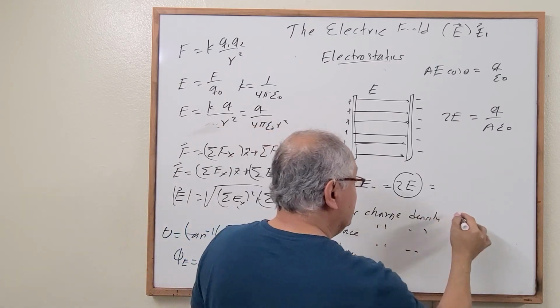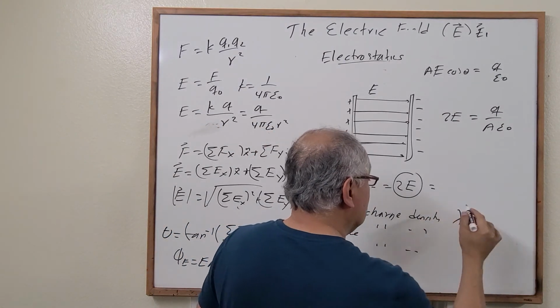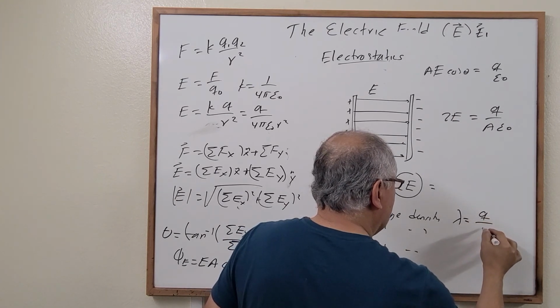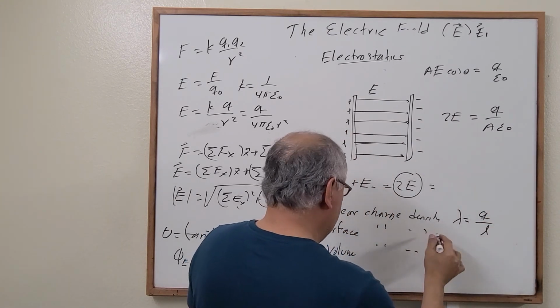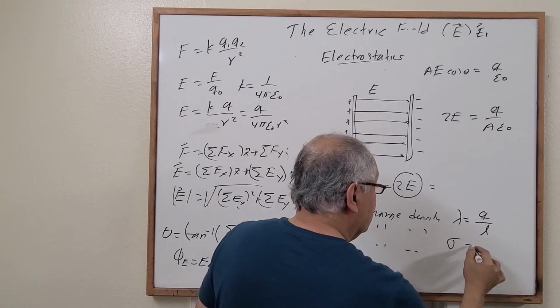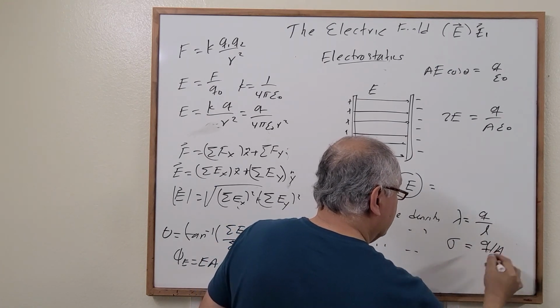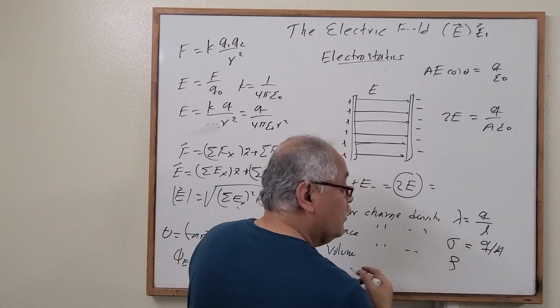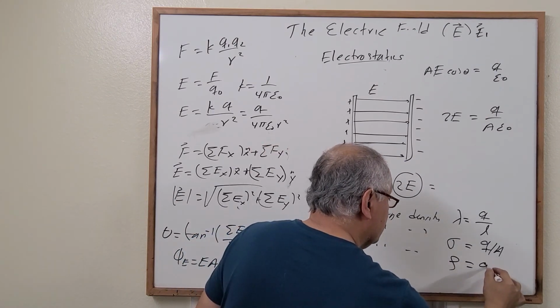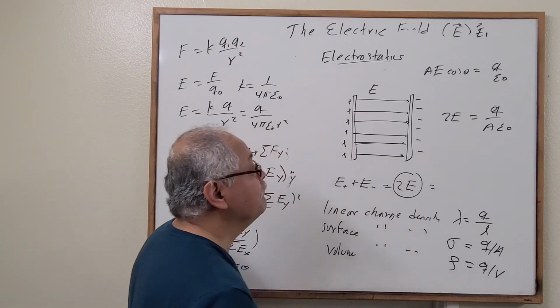The symbol for linear is lambda, equal to charge over length. For surface, the symbol is sigma, equal to charge over area. And for volume it is rho, the charge over the volume.